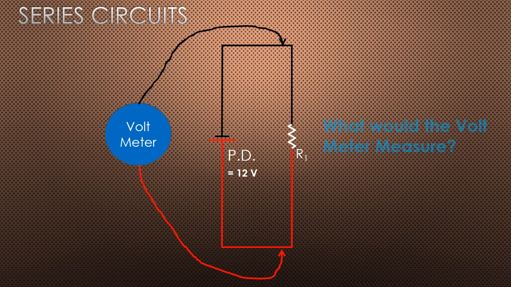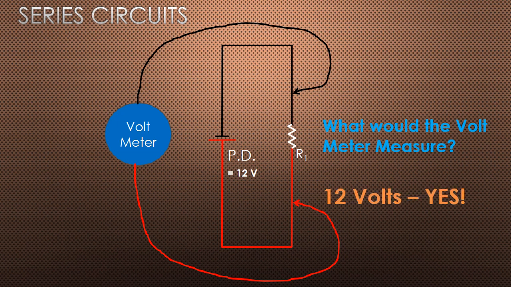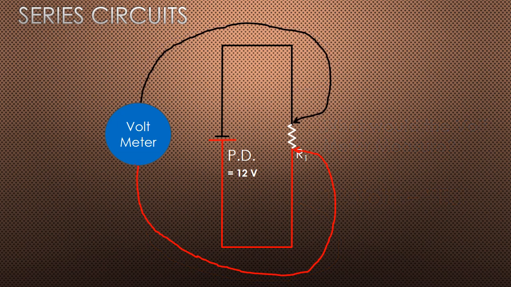And if we went farther down the load, what is the potential difference between these two? We would still have the potential difference, or the voltage between those two points, as 12 volts. And as we get closer to the load, the potential difference is still, you guessed it, 12 volts. And then right across the load, we're going to measure a potential difference of 12 volts.